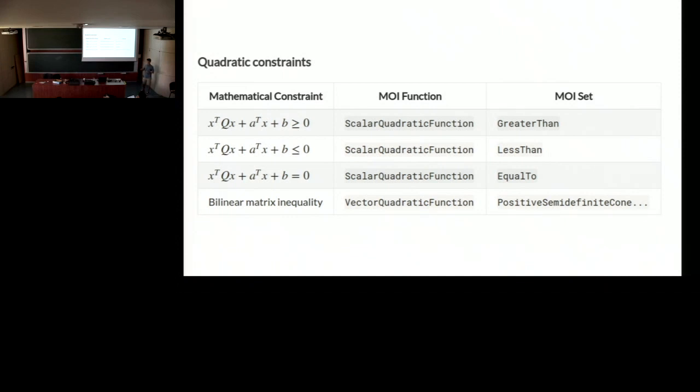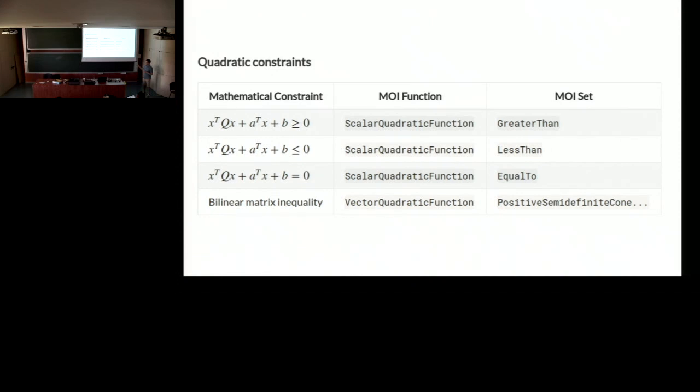Please interrupt me at any time if there are questions, because it's better to ask them when I've just talked about the topic. Yep. This bilinear matrix inequality, are you referring to the Gillespie vectors and everything? So it doesn't need to be bilinear.